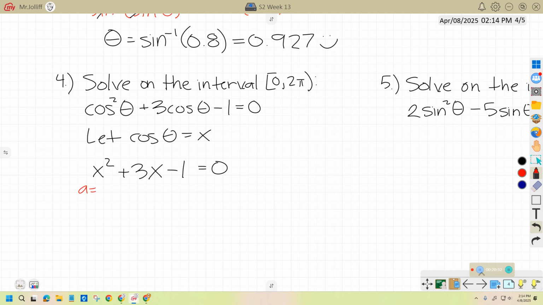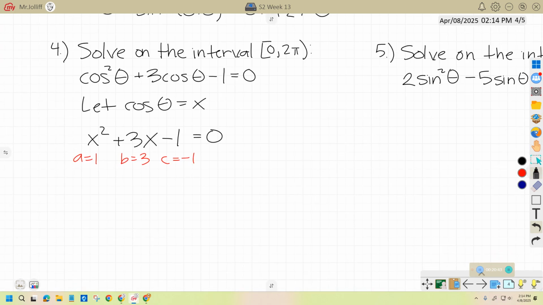So A is 1, B is 3, C is -1. We have to sing the little song in our head. Minus B plus or minus square root of B squared minus 4AC all over 2A. If they only remember one thing from sophomore year, that should be it.